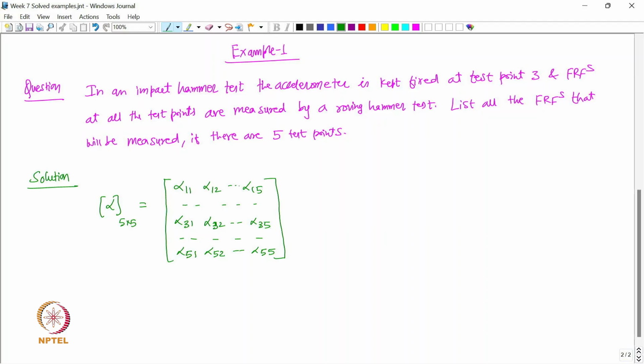Now the accelerometer has been fixed at point number 3, and the hammer is moved to other test points.